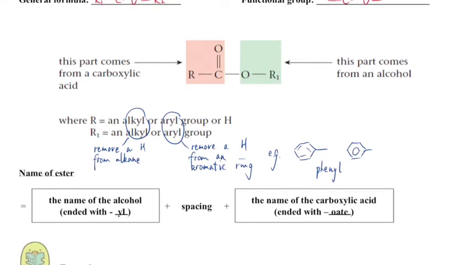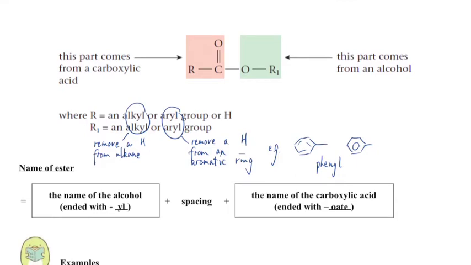So the functional group, we can actually separate into two parts. You can see there is a C double bond O part. This part actually comes from a carboxylic acid. So if we can work out the original carboxylic acid, then we will be able to change the ending of that carboxylic acid to O-A-T-E.